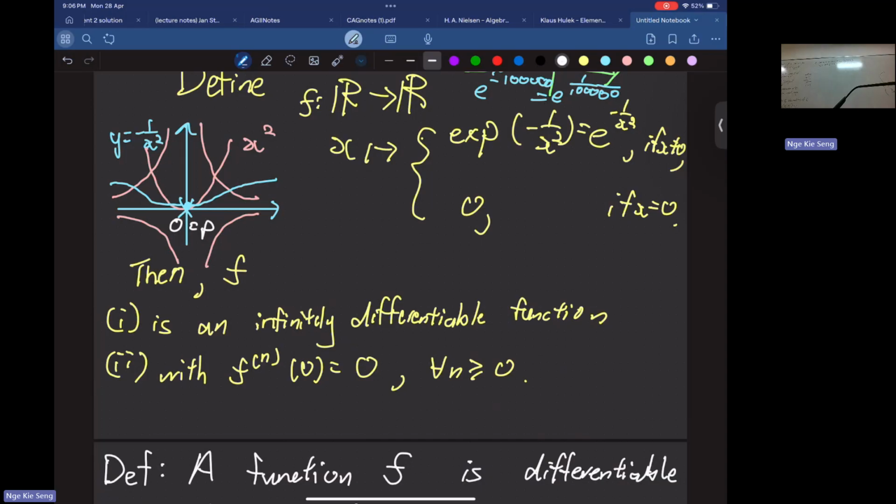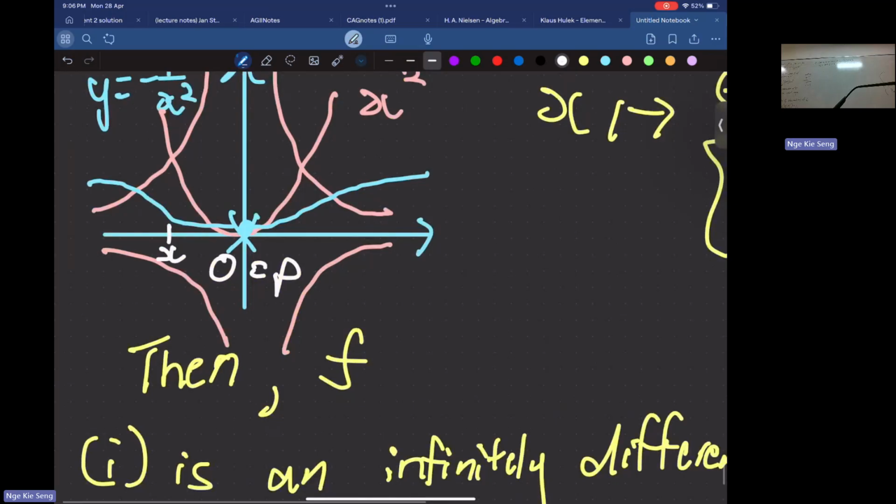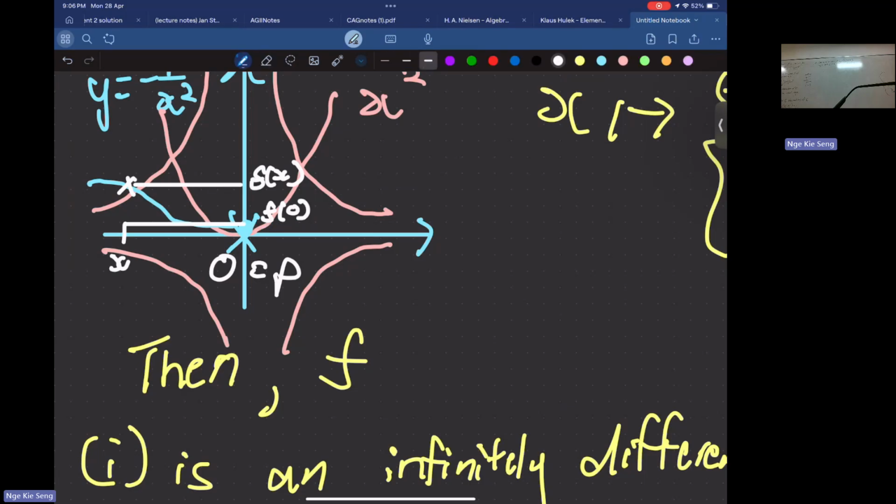So the nearby x, where is it? Let's draw it further. So here. It's the difference between, let's say this point is f(x), and then this point is f(p), so f(0) in this case.